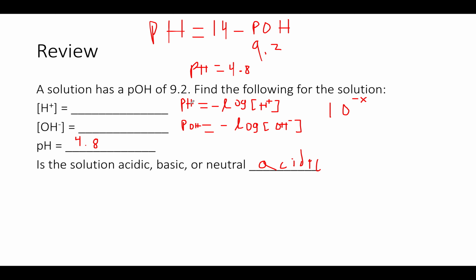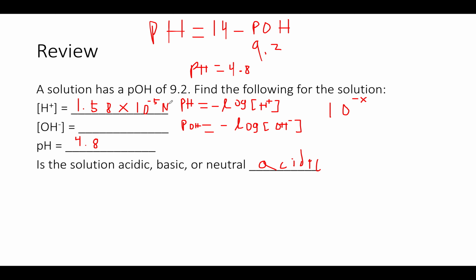When you take 10 to the negative 4.8 for the pH, you get a hydrogen ion concentration of 1.58 times 10 to the negative fifth molar.